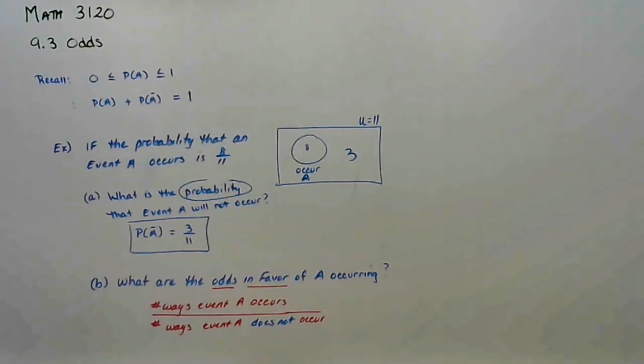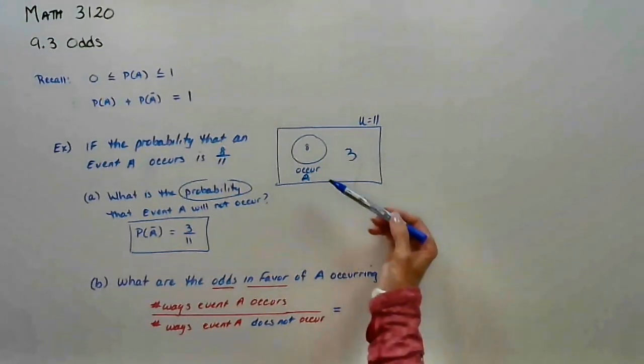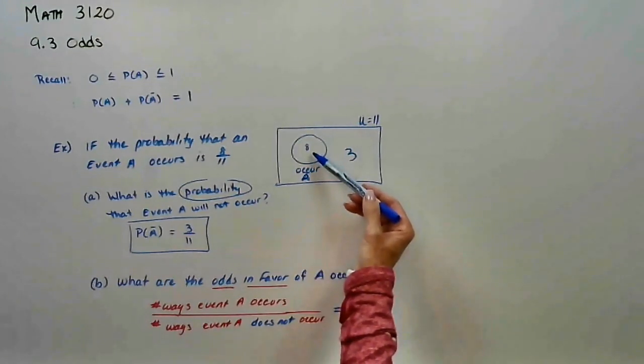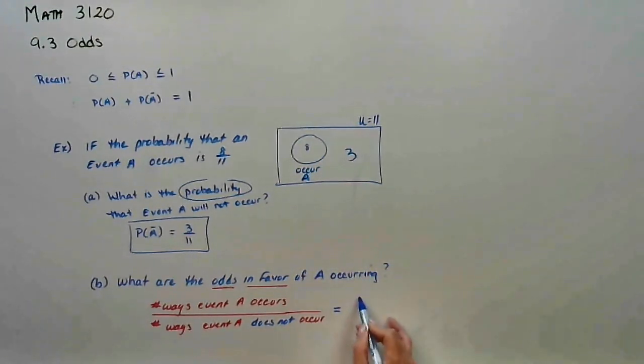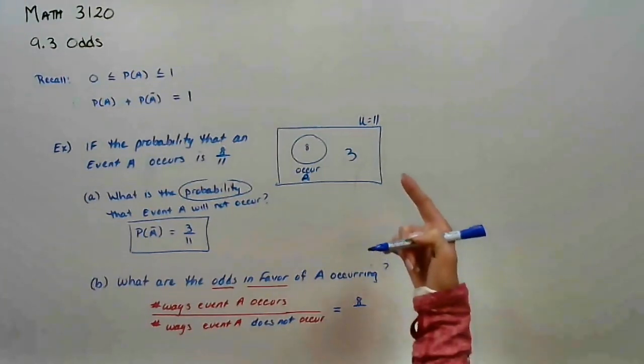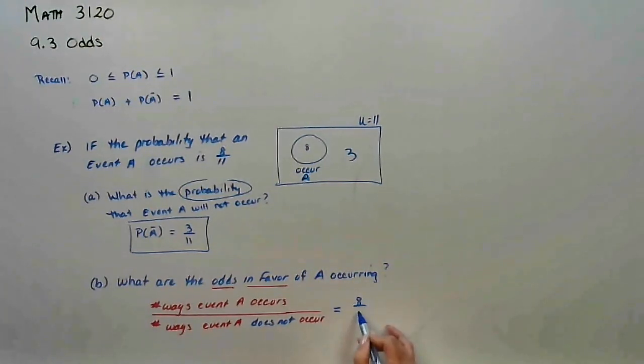So in this case, the odds in favor of it occurring, how many ways does event A occur? 8. How many ways does event A not occur? Well, whatever's left over. We know there's 11 of them in the set. So if 8 are in favor, 3 must not be in favor.